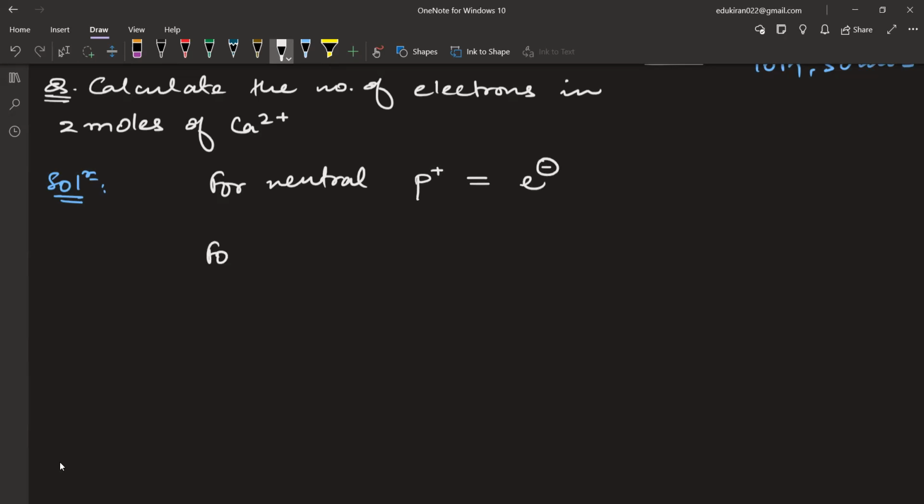Now for A^n+, a cation, the number of electrons will be equal to the number of protons minus n, that means we have removed n electrons. Now, if you have any anion which has n negative charge, then the number of electrons equals the proton number plus n electrons. Okay, so please write this down.